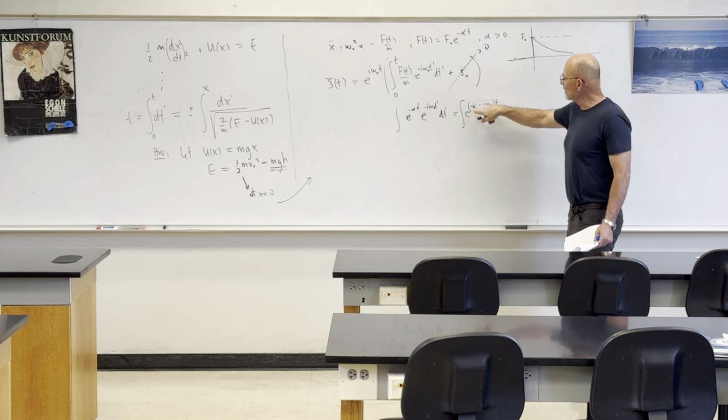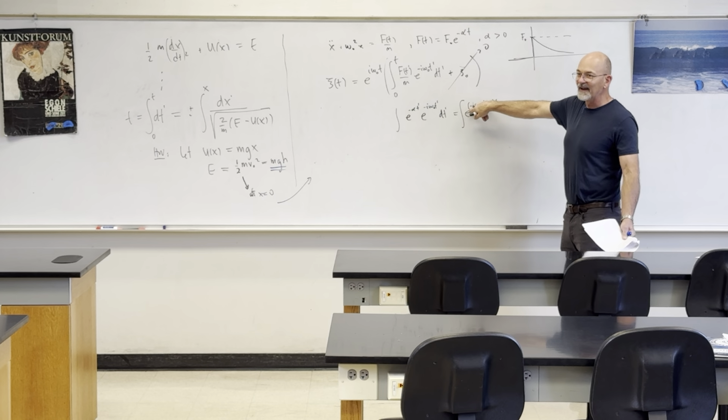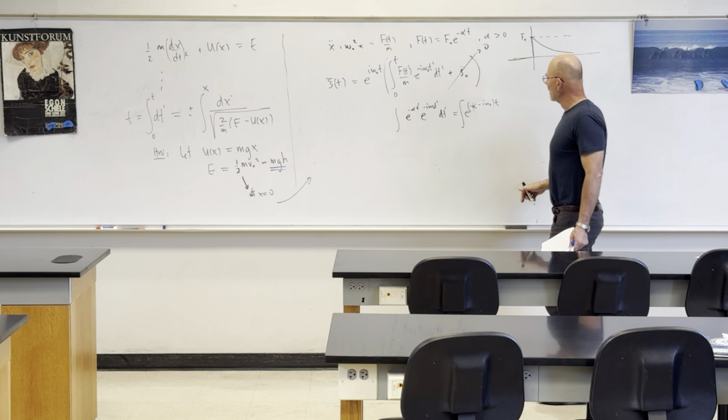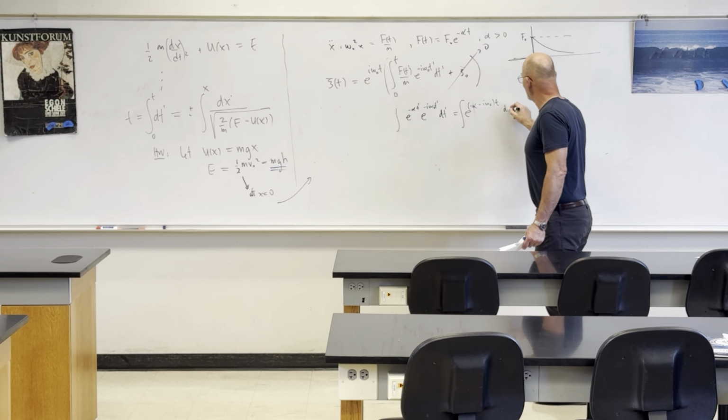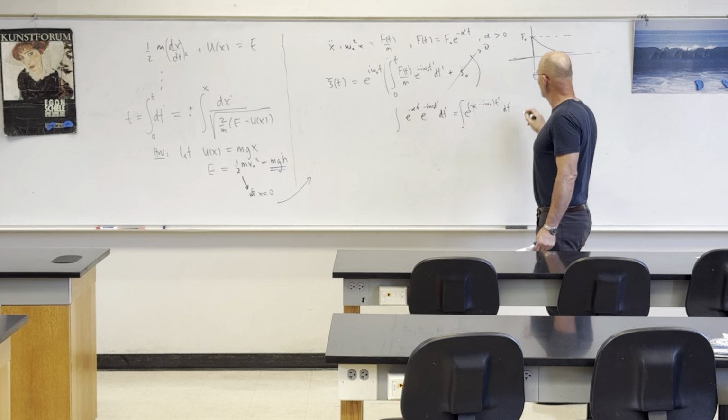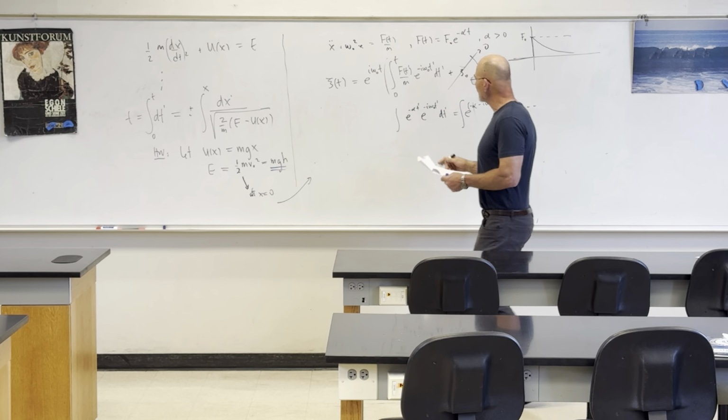And then, you know, if you do it this way, you know that it's just a constant. Just treat it like any old number, and the integration's no problem. And then you can keep working, etc. So here's the result.